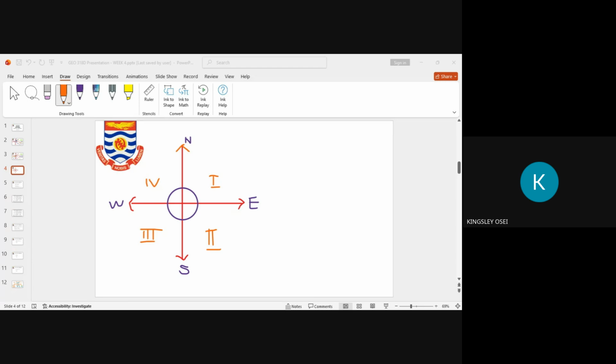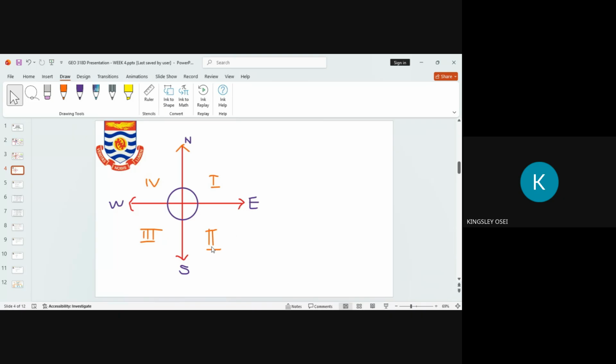Okay. So good. So we have quadrants 1, 2, 3, and 4. Each maximum value is 90. But there's something that is clear. Look at the letters well. When you are here, quadrant 1, you are defined by the north direction and the east direction.